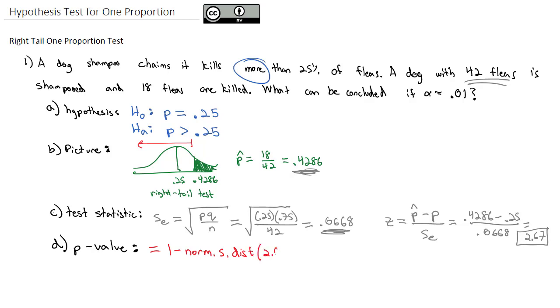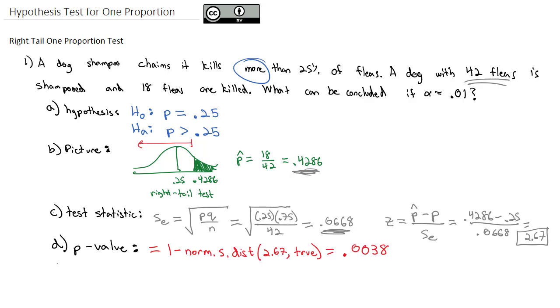And then we do the 2.67, and we do the true. When I do that in Excel, we should get 0.0038. A good check to do with your p-value is if you're only shading one side of the distribution, the p-value should be less than 1/2. If it's more than 1/2, you probably have the wrong tail and you didn't do the 1 minus.